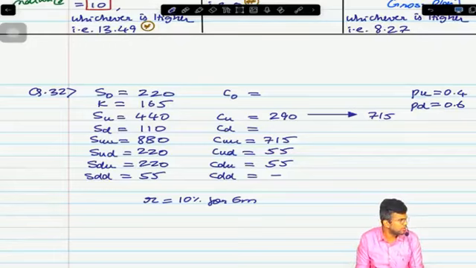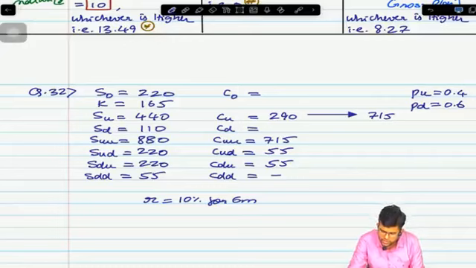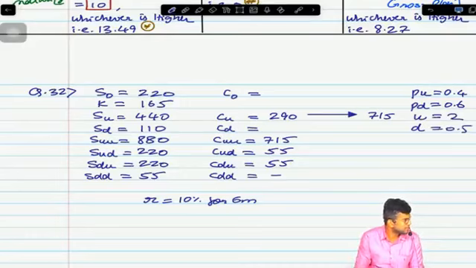How did you do it? 1.1. So what is U and D? 2 and 0.5, na? U and D is 2 and 0.5. You got this? Kusuma, you were absent yesterday? Check how we have taken U, how we have taken D.